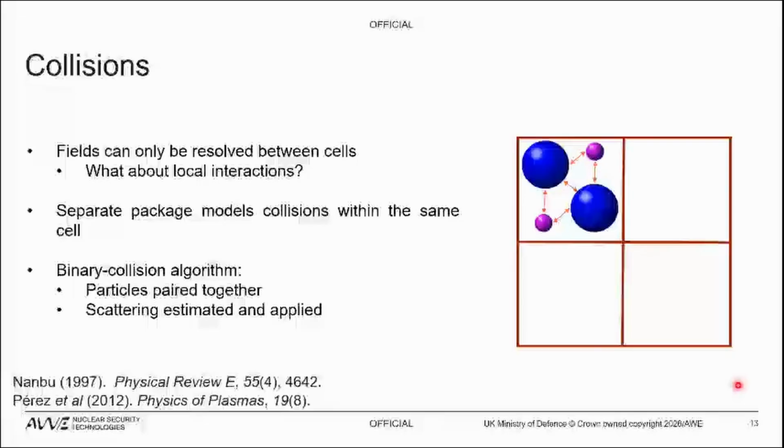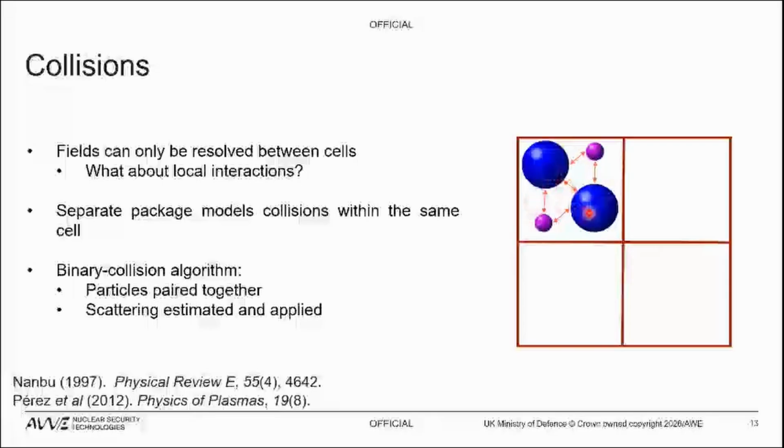And finally, let's talk a bit about collisions. So I mentioned at the start that we only have one field point per cell, which is good for the bulk motion of plasmas, but it's very bad on a particle-to-particle level, because these particles should be scattering off each other, but they're not, because there's only one field point per cell.